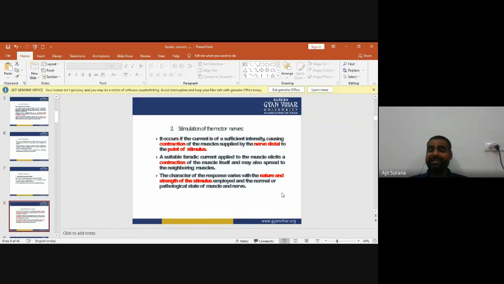Now the second one is the stimulation of motor nerves. It occurs if the current is of sufficient intensity.